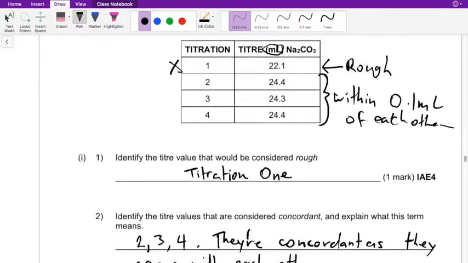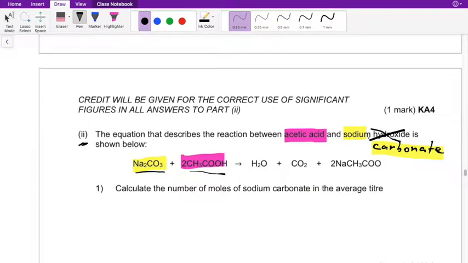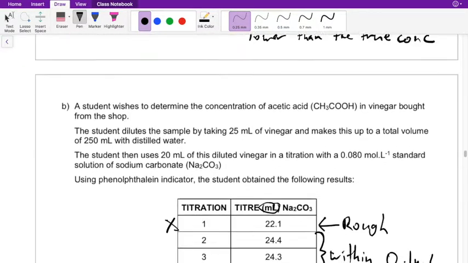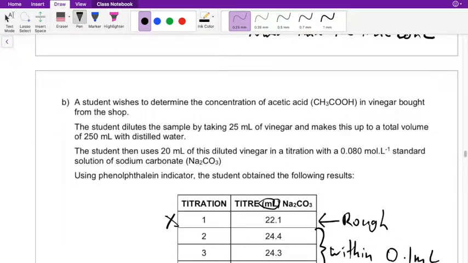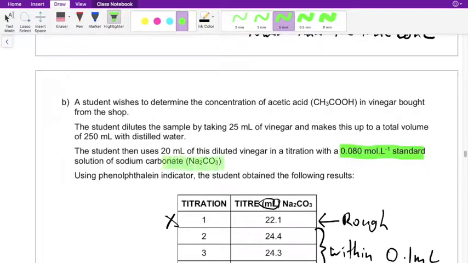So, what's being asked? Calculate the number of moles of sodium carbonate in the average titer. So n equals question mark, concentration equals, let's go and have a look. The student does a titration with 0.080 standard solution of sodium carbonate.